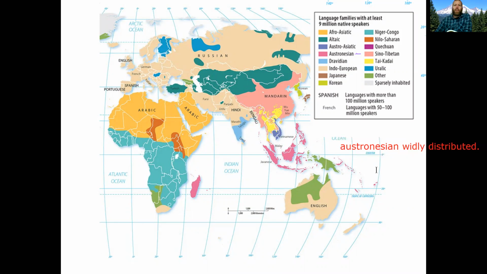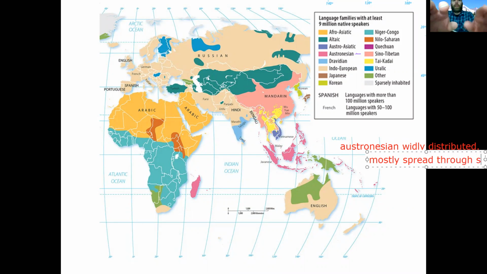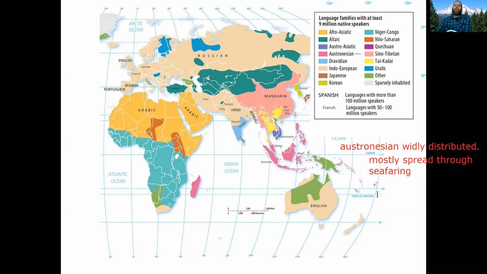I probably would. What's interesting is it was mostly spread through seafaring. And what you can see is many of these people live on islands. So many of the islands of the Pacific, in the South Pacific, and also in Indonesia and the Philippines.